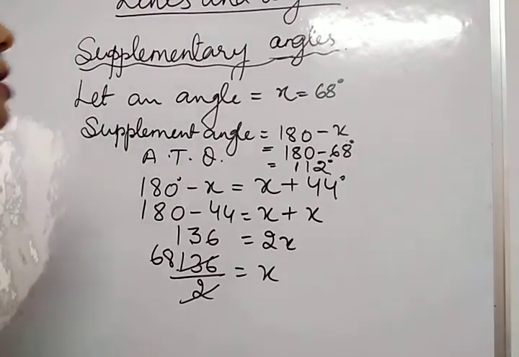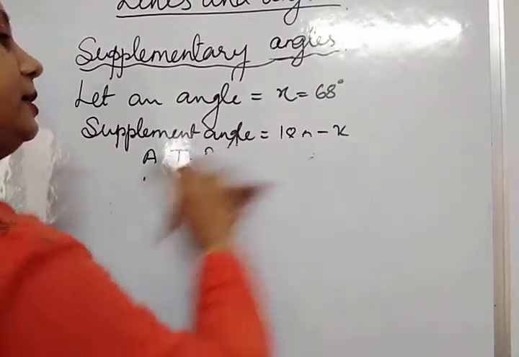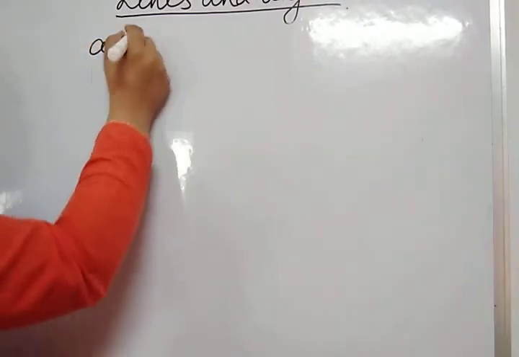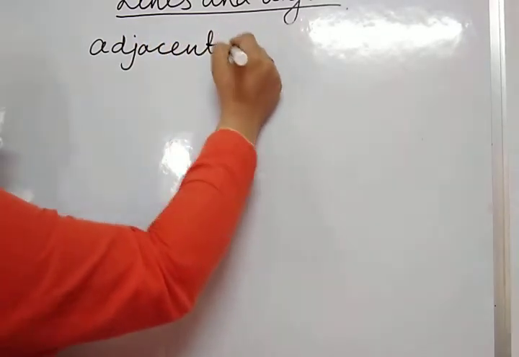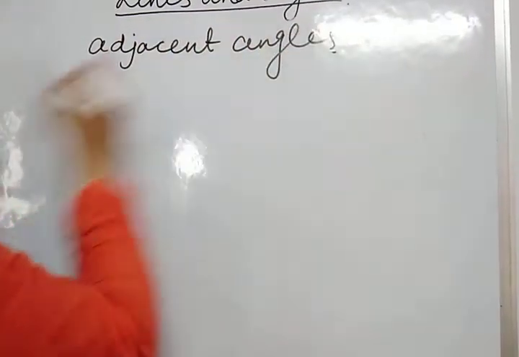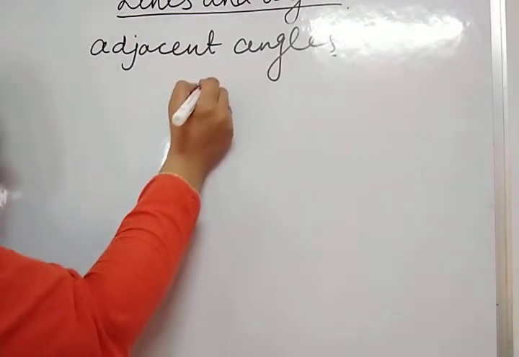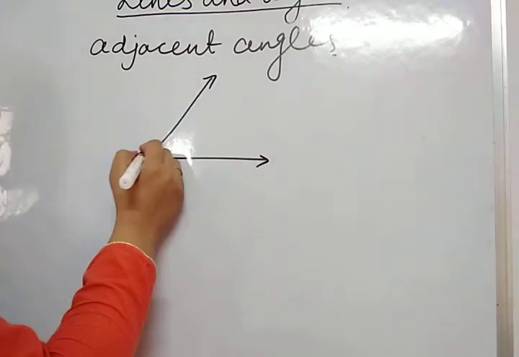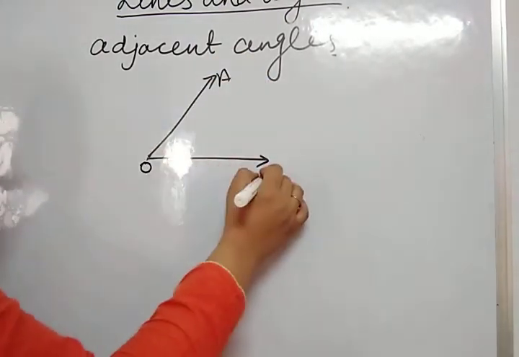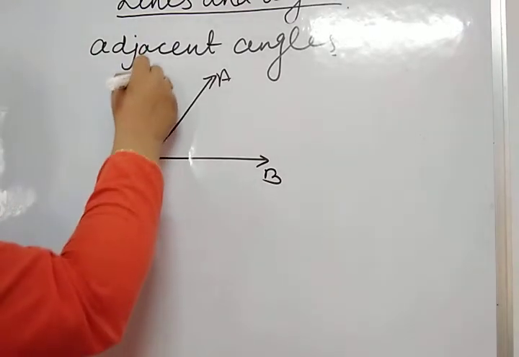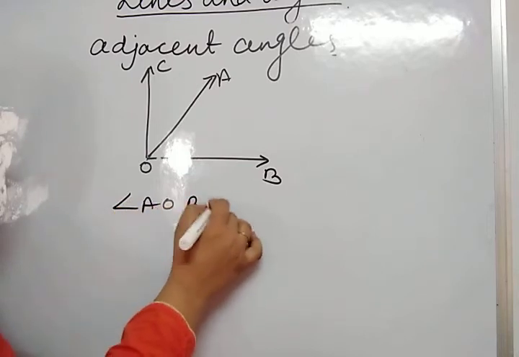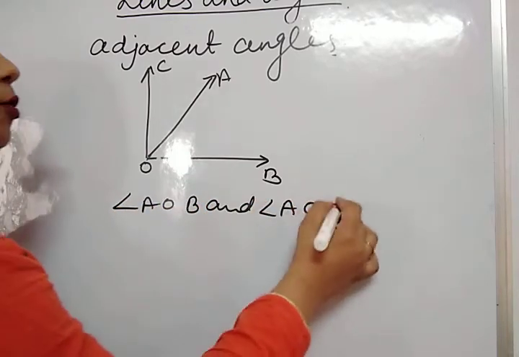Now we can see the concept of adjacent angles. We have two angles, AOB and AOC.